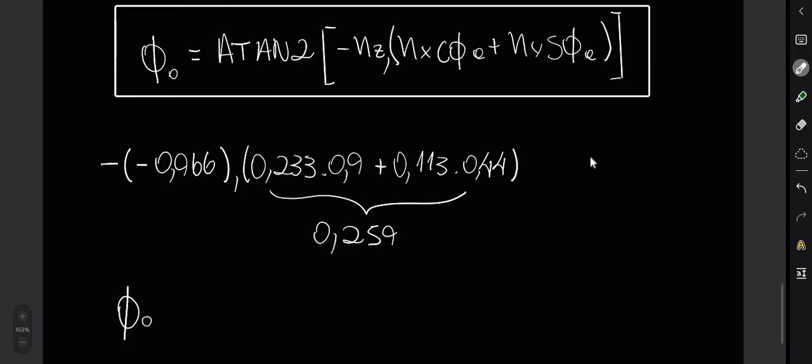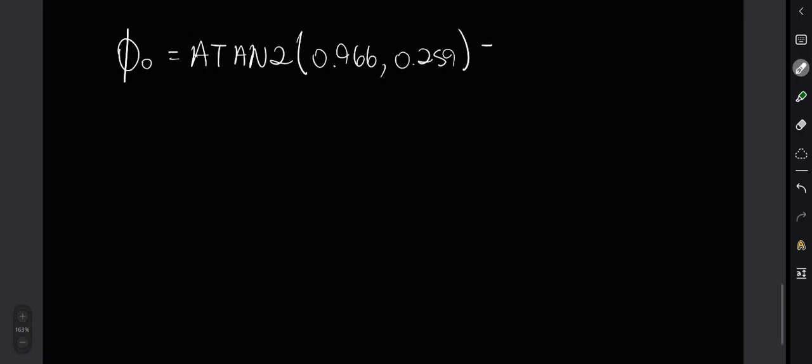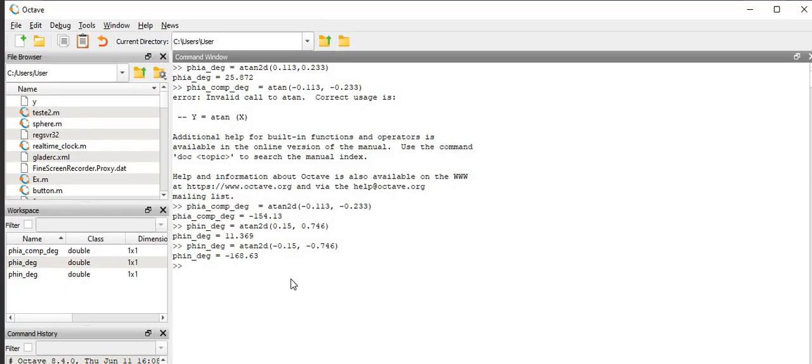Okay, so VO is equal to 810 2D 0.966 and 0.259, and this is equal, so let's see, going to the Octave, VO DAG, let's clean all this command window.